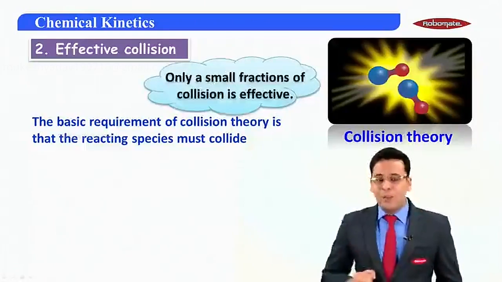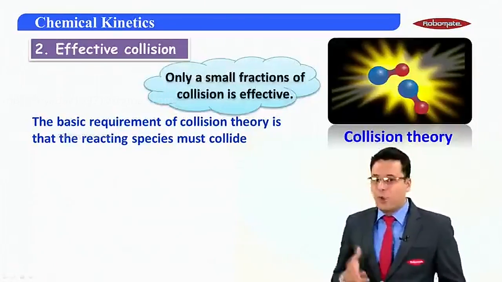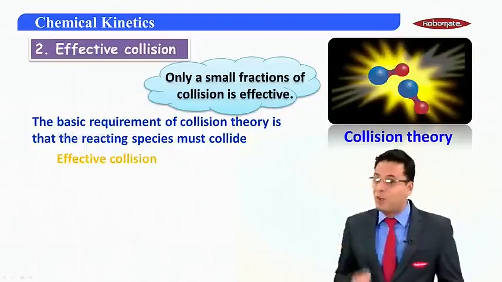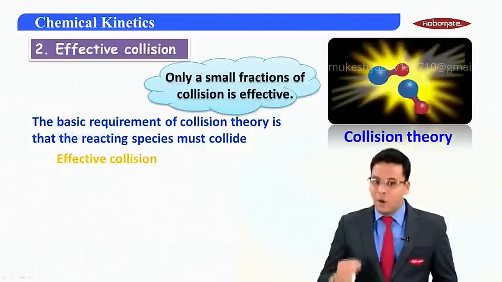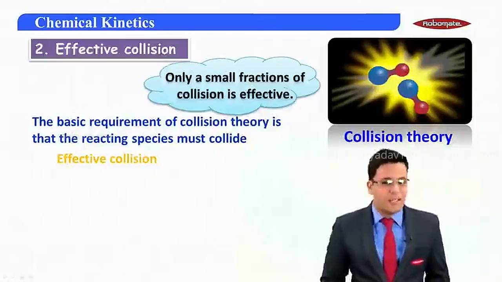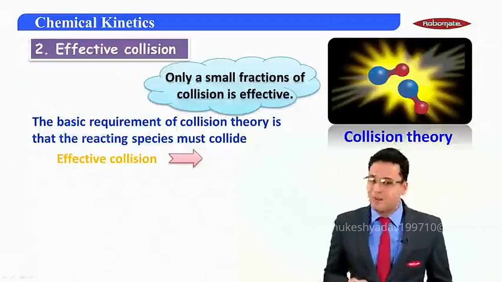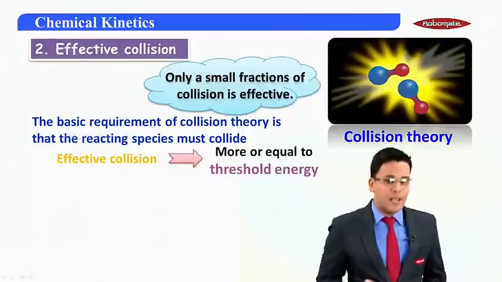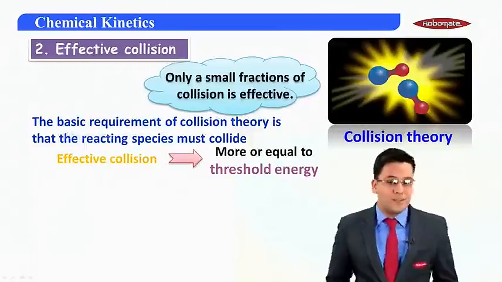Only a small fraction of collisions is effective, and in order for a collision to give you product, the energy of collision must be equal to or more than the threshold energy.